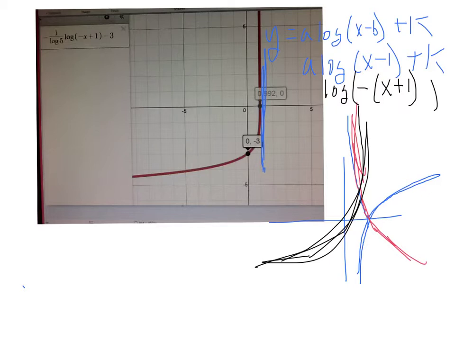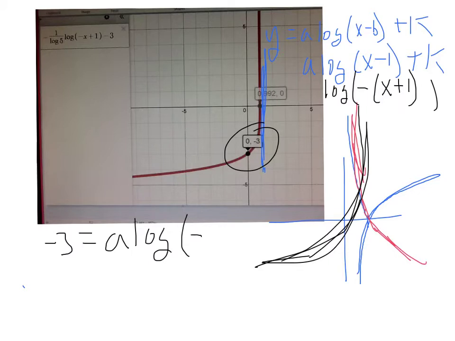So then what points does it go through? I see it goes through 0, -3. So let's use that. Let's see what's happening with that. So I can say that -3 equals a times the log of negative. Oh, isn't this interesting?